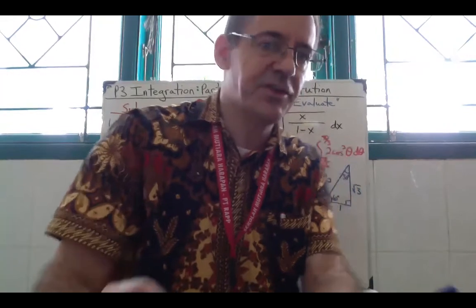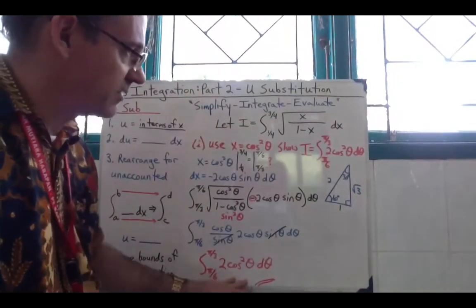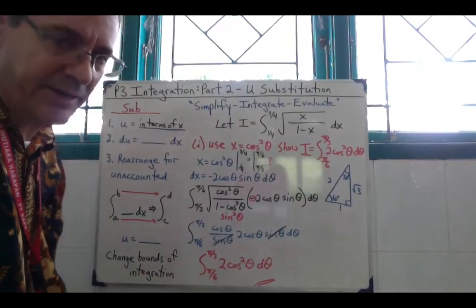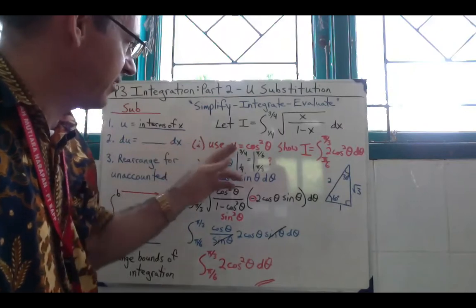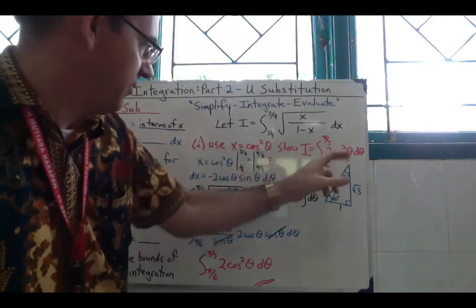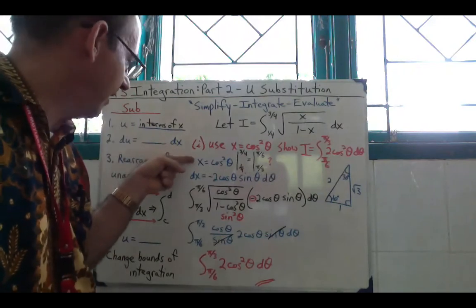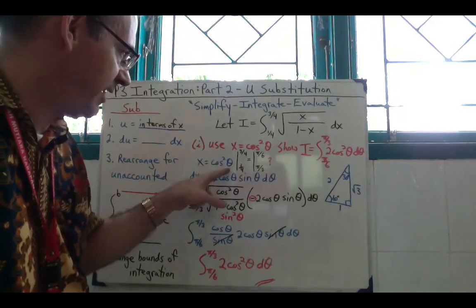The concept is still the same. We're starting with this, and we want to end up with this down here. So the first thing that we want, and here it gave us the substitution and what to show. So the first thing is we state the given, x equals cosine squared theta.